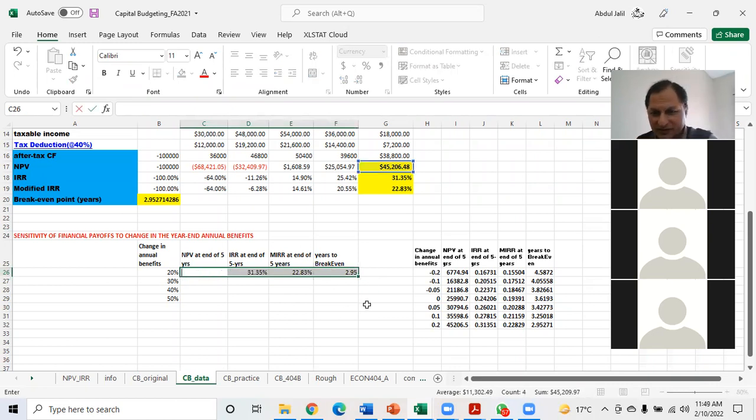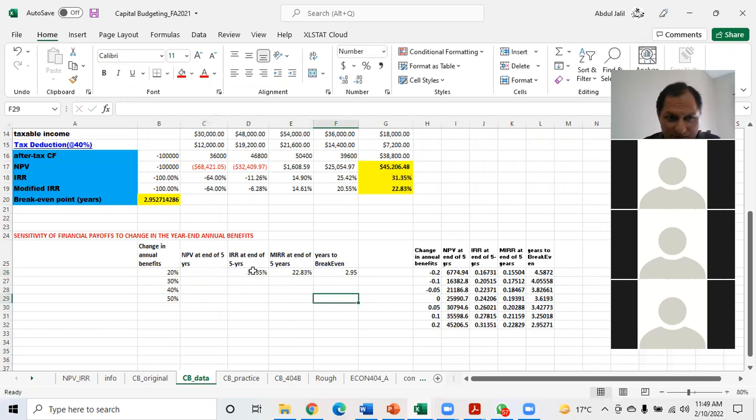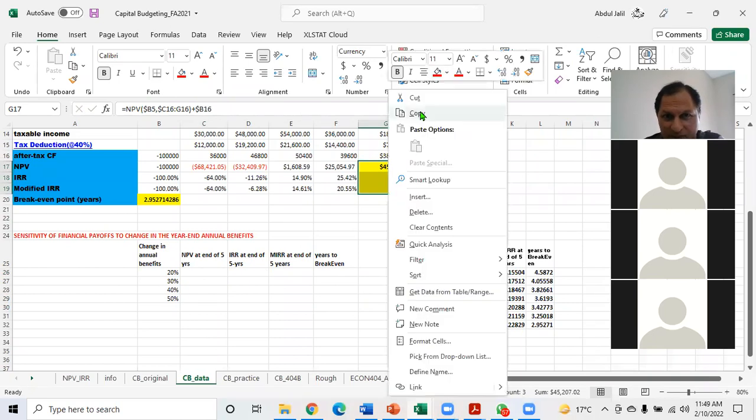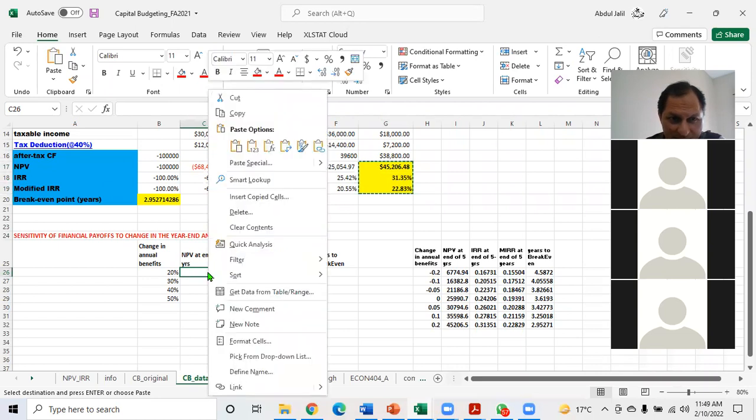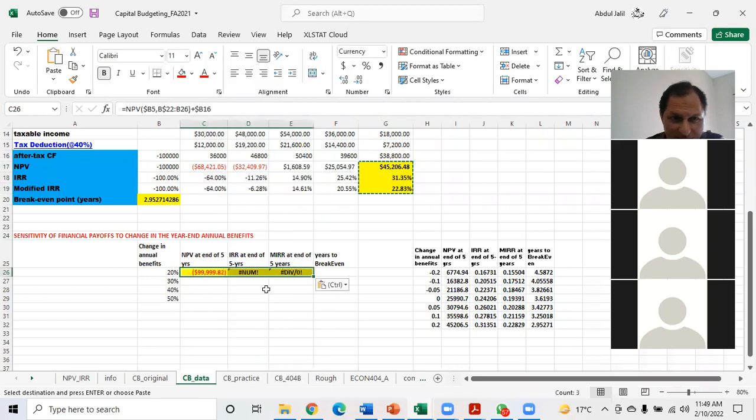So let's suppose we delete all these values, these, right? And what you need to do, you can just copy it. Copy just like in this way, right? Oh, sorry. First, you have to copy the values, right? So that you can get the outcome straightforward.